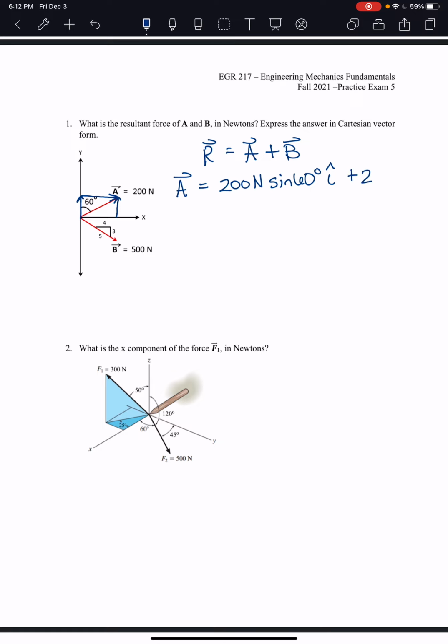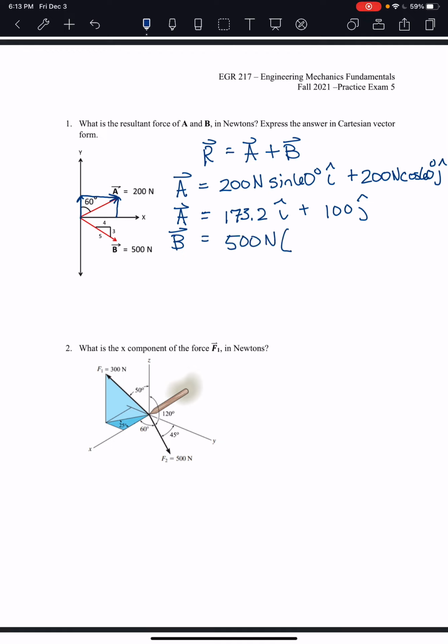So plus 200 newtons cosine 60 degrees J. So A equals 173.2 I plus 100 J.